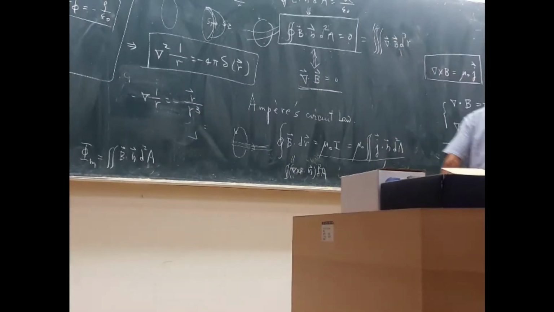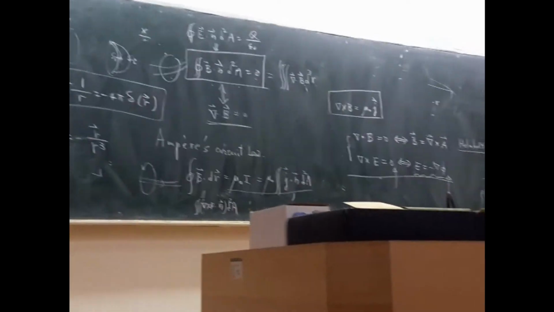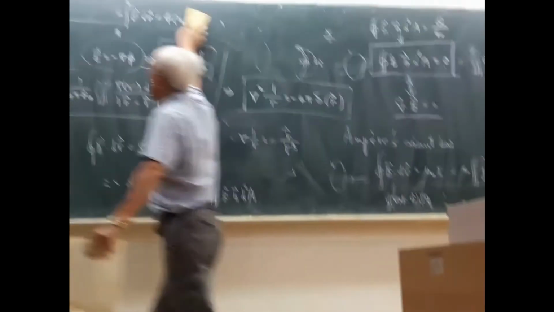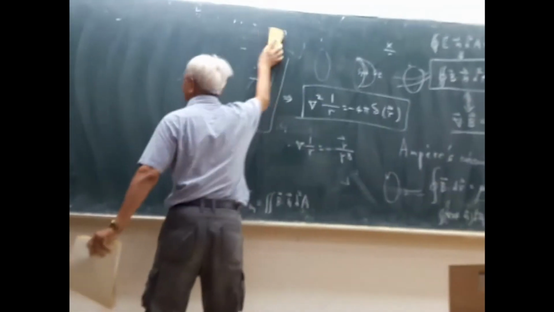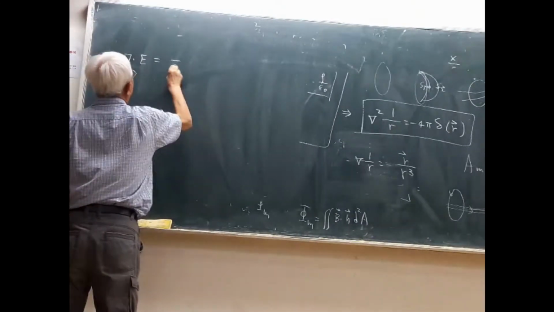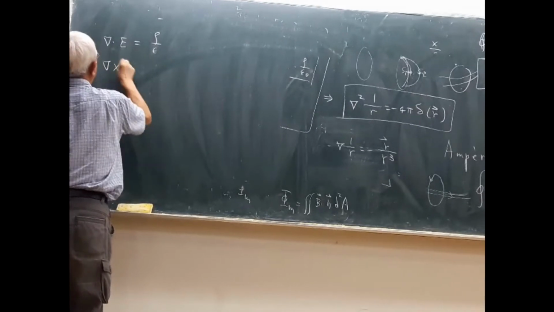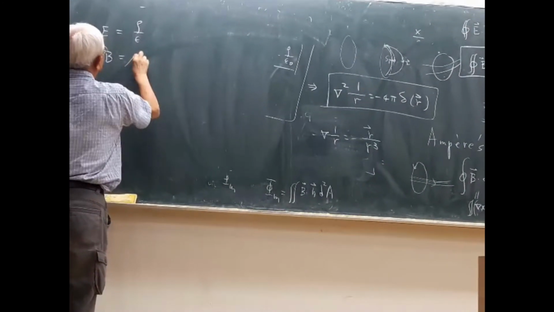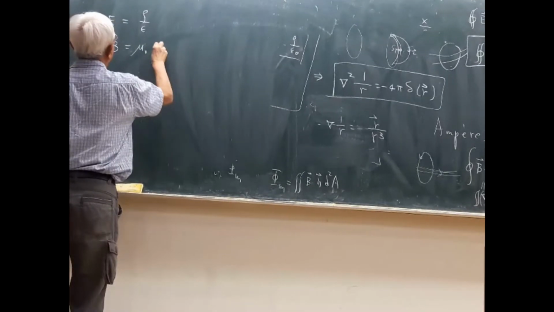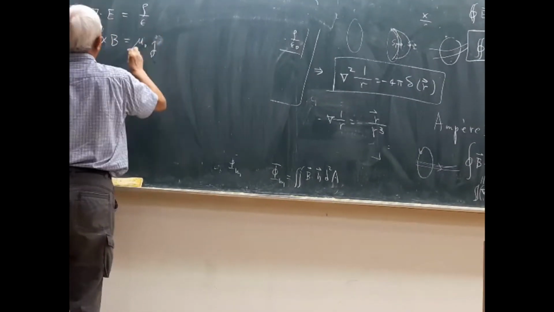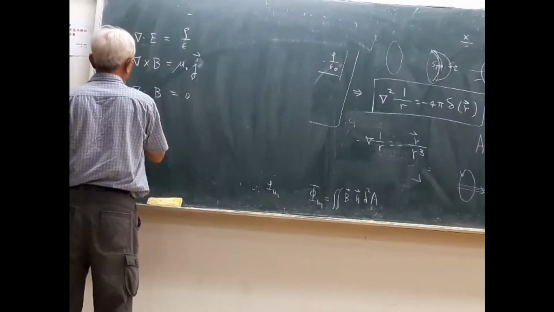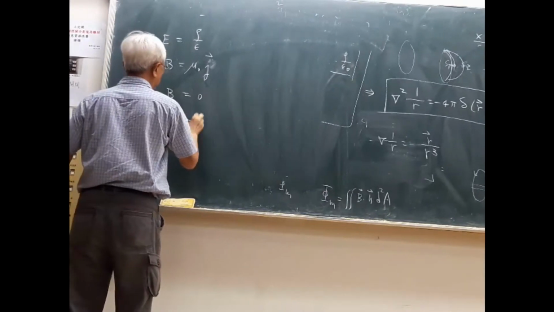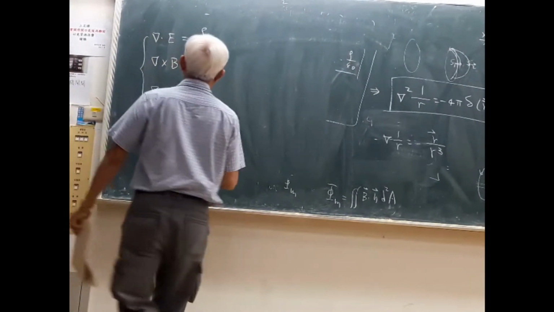what do we have? Let's try that again. We have divergence of B equal to 0, curl B equal to mu 0 J, divergence of E equal to 0, and curl E equal to minus partial B partial t.